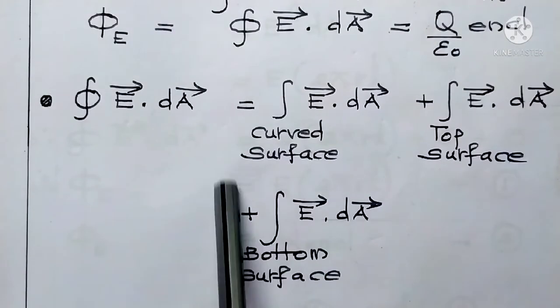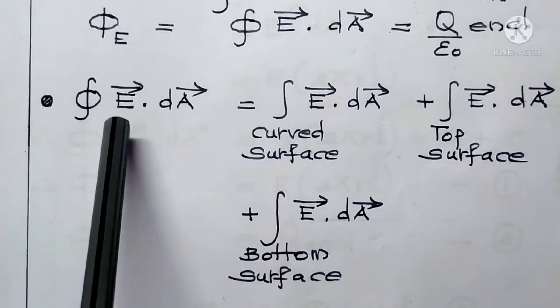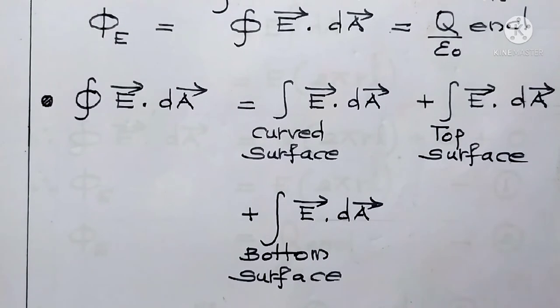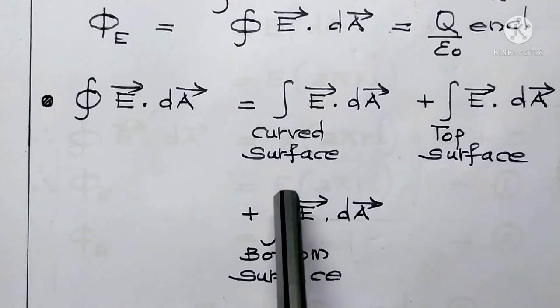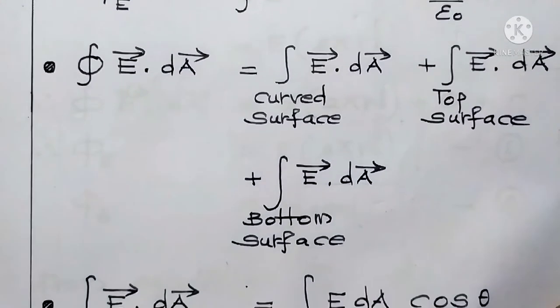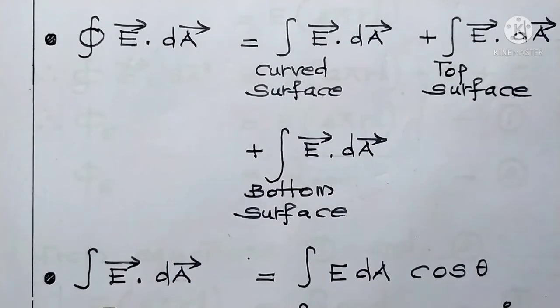So all these together constitute this value. So what we are supposed to do is find them out one by one and finally sum them up. Now I am going to take this one.